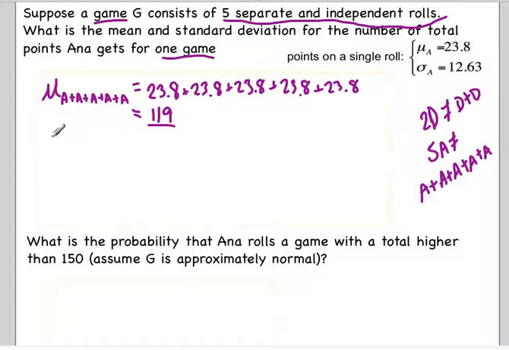Okay? Whew. Now, standard deviation. We cannot add up the standard deviations. We've talked about that a bunch. You cannot add the standard deviations, but you can add the variances. So I can get the variance of 5 rolls.